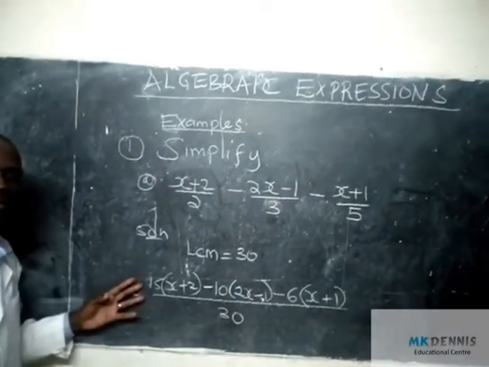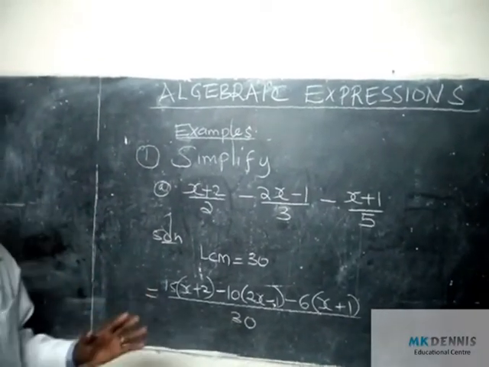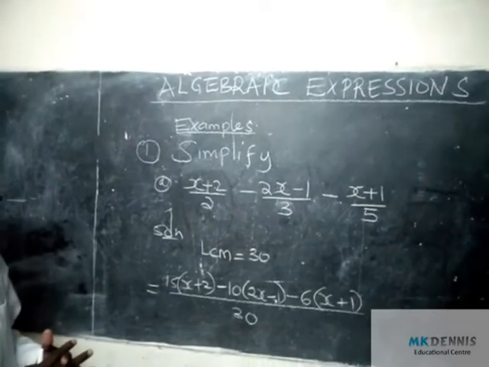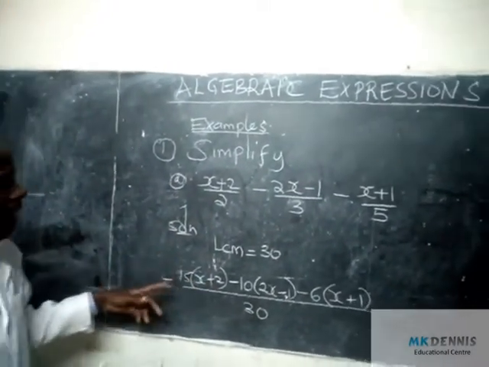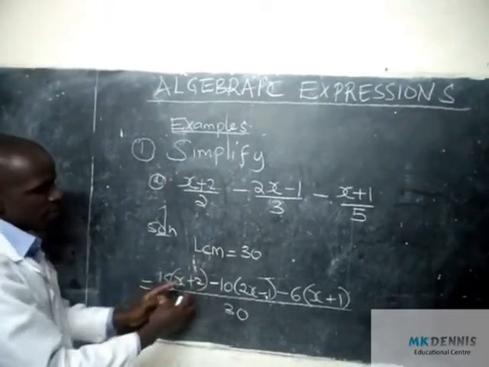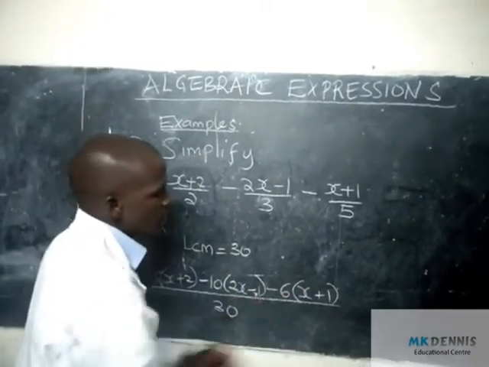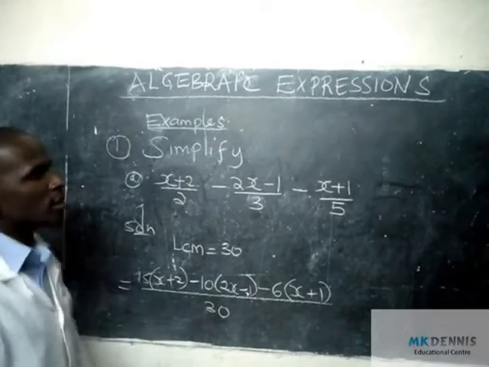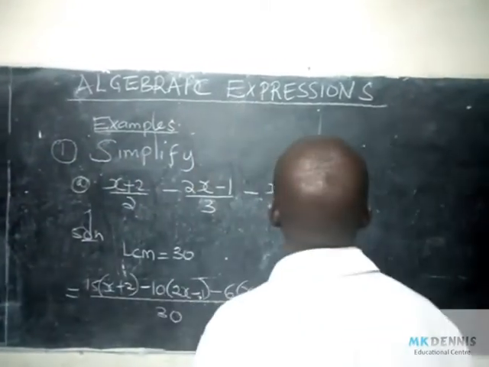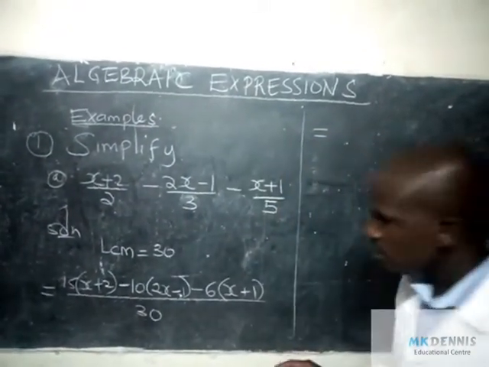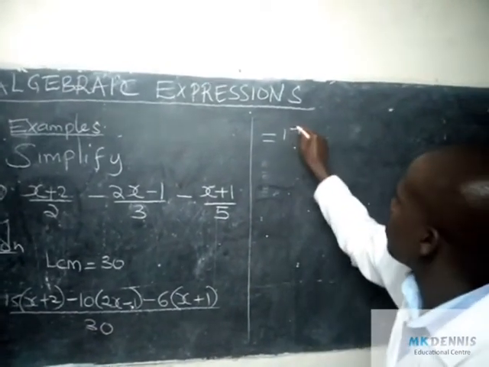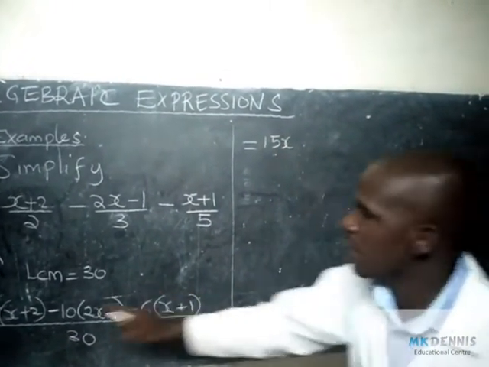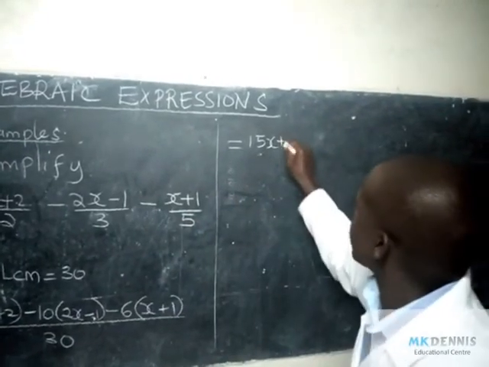That step is very crucial. When we get to such levels, just have these in brackets first, so that from there you can work them out. Now you can open the brackets. This becomes 15x plus 30.